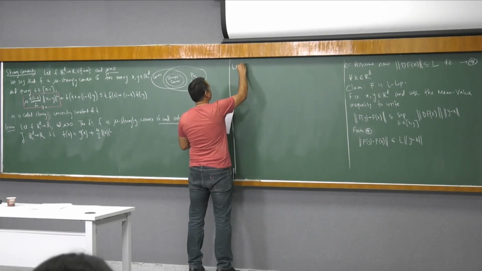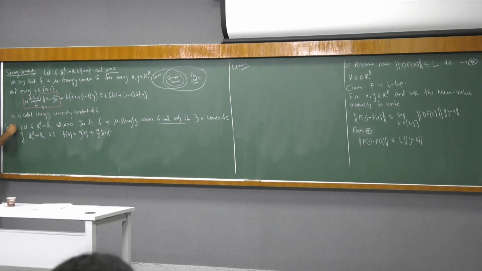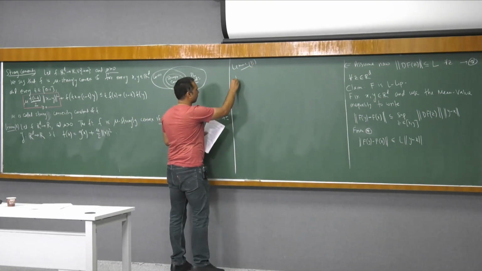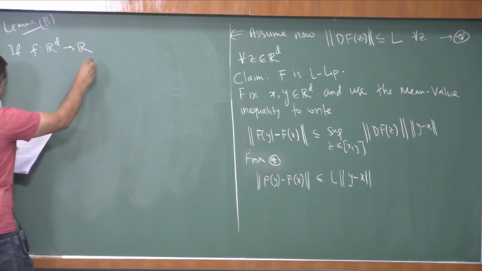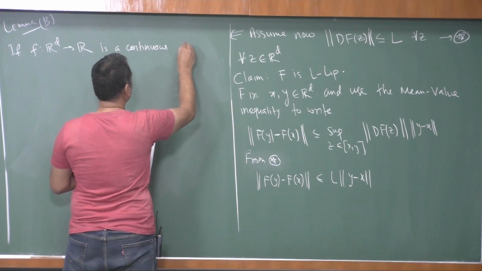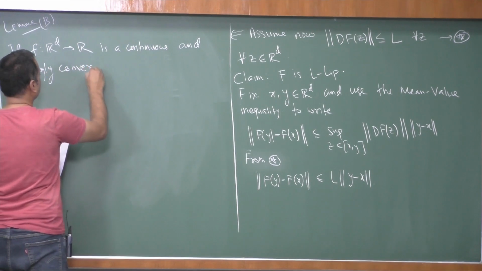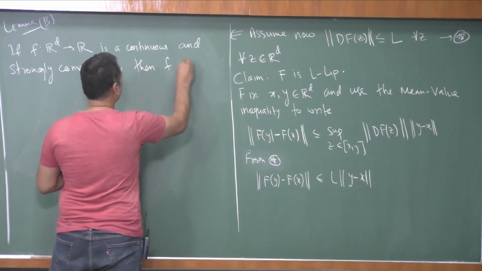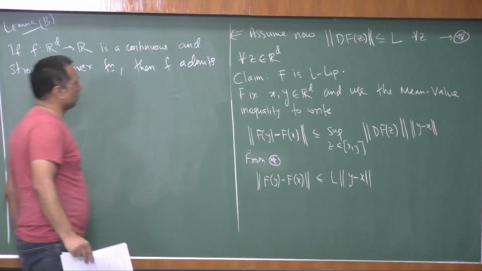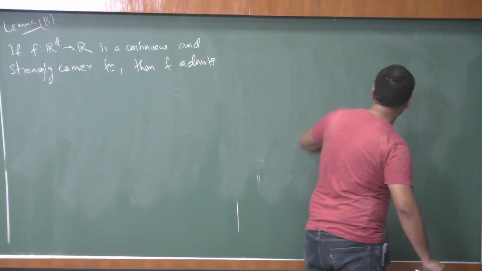So another lemma. For our purpose, we can call this lemma A, and this lemma B. So if f from Rd to R is a continuous and strongly convex function, then f admits, in fact this lemma also I have to skip, because this lemma I may have to skip for several classes, because this lemma needs a little bit of topology, a little bit of things like lower semi-continuity and so on.